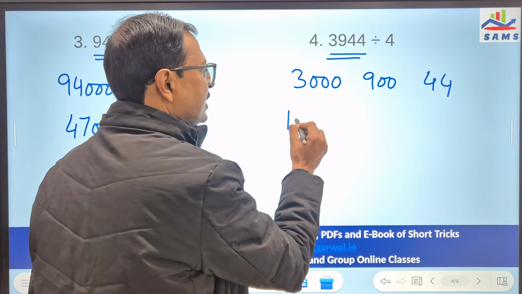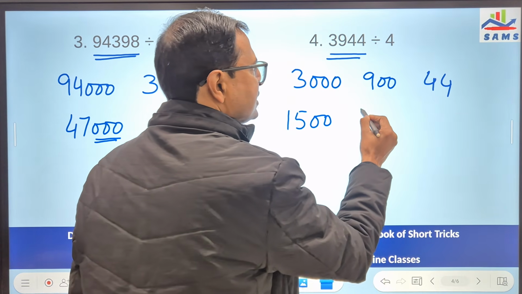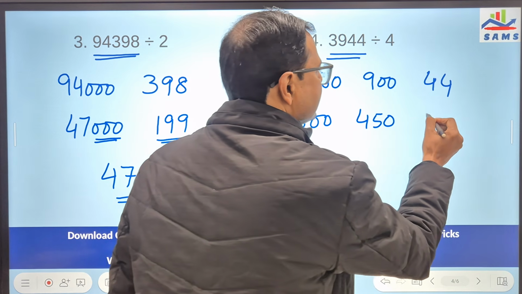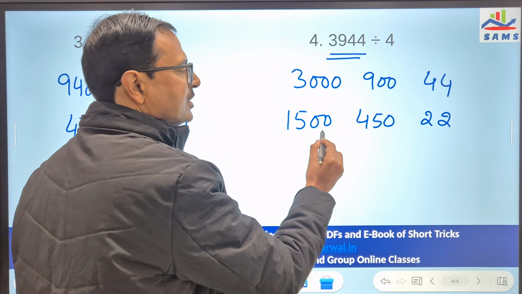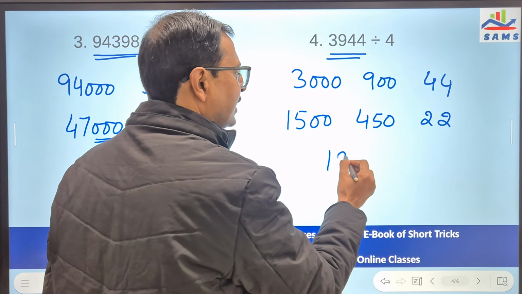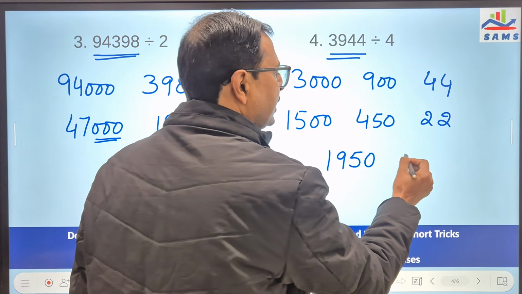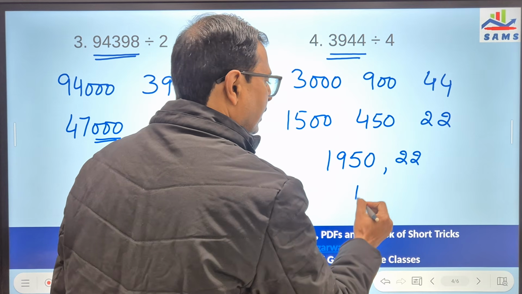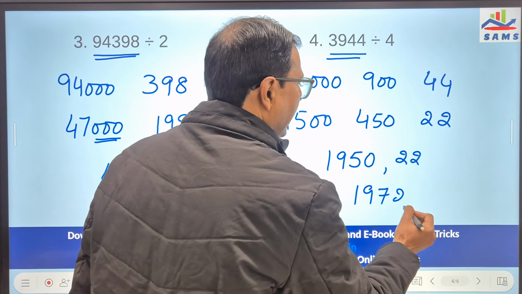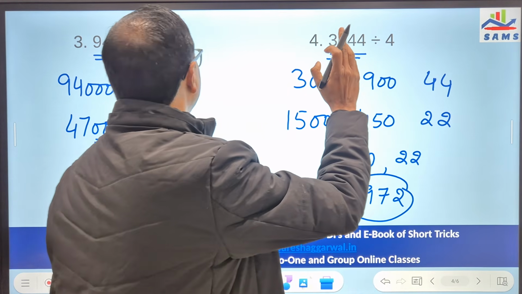So 3000 is 1500, this is 450, and this is 22. Now 1500 and 450 is 1950, and plus 22 gives you 1972 as the quotient when you divide this by 2.